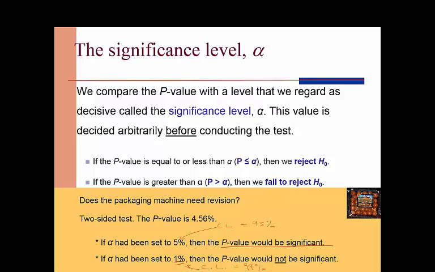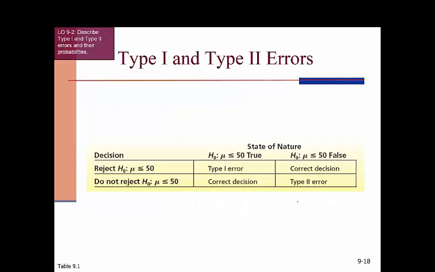So the p-value would have been insignificant, and therefore you wouldn't have learned anything from the test. Okay, so by changing the confidence level of the test, you can get results that either mean something or don't mean anything.